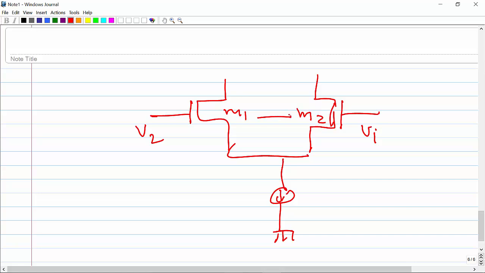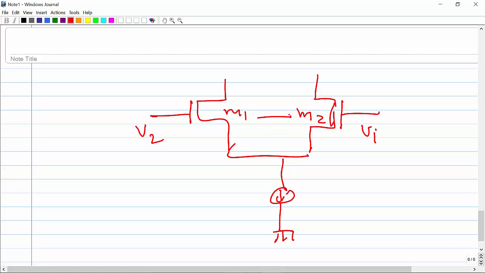But this is not process corner. This is because of process variation, but it is not as severe as process corner. So when you do the layout of M1 and M2 very closely in a perfect manner, there will still be a slight variation between M1 and M2, and that is the mismatch.